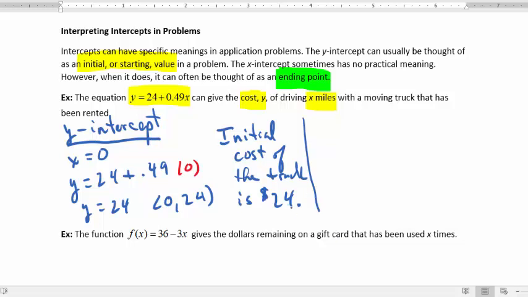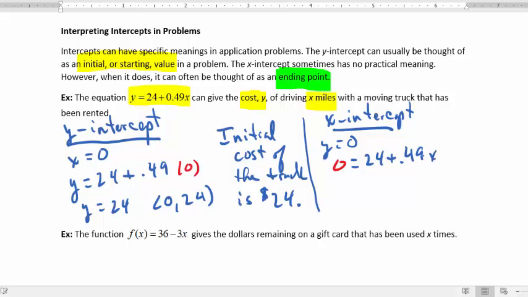Now the x-intercept in this case, let's see. If we do the x-intercept, you're letting y equal 0. So we would have 0 equals 24 plus 0.49x.